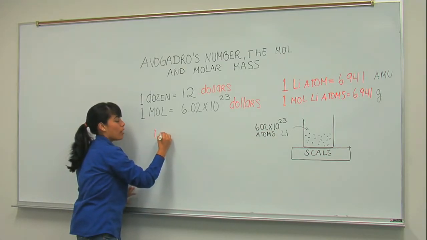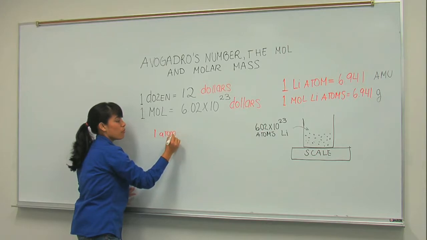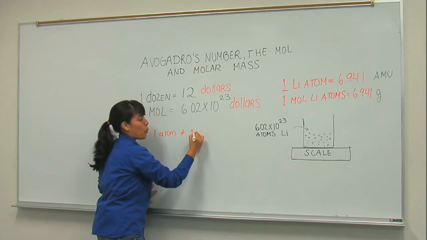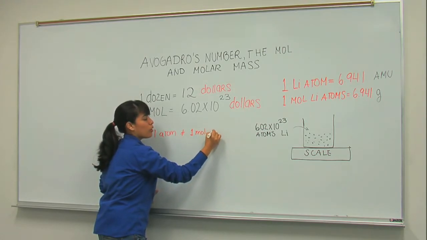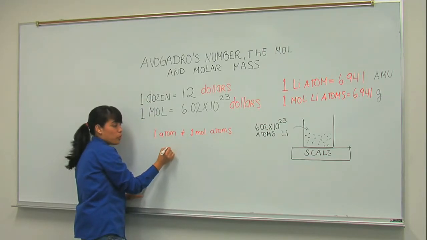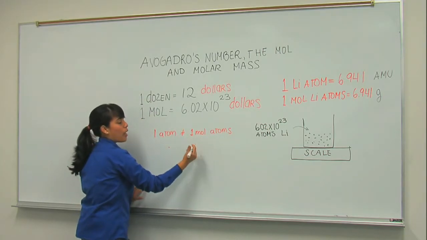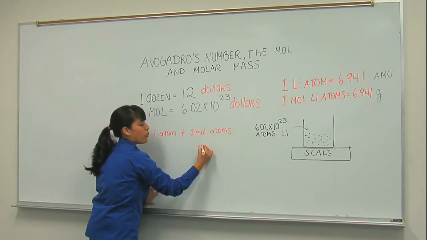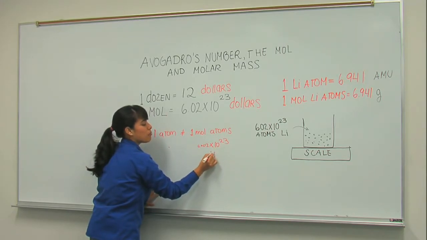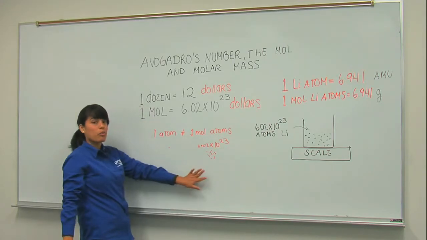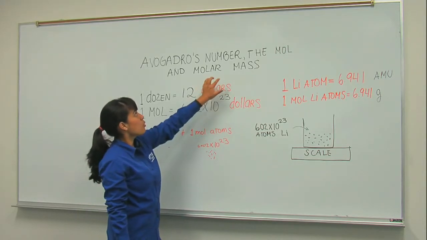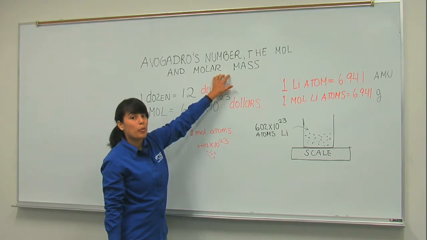Whenever you talk about one atom, it's not the same as talking about 1 mole of atoms. 1 atom would be just 1. 1 mole of atoms would be 6.02 times 10 to the 23, which means many. Many atoms. Okay?